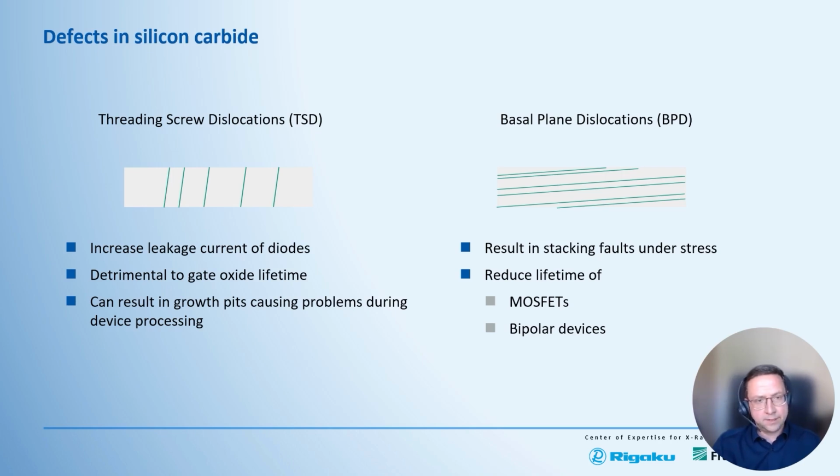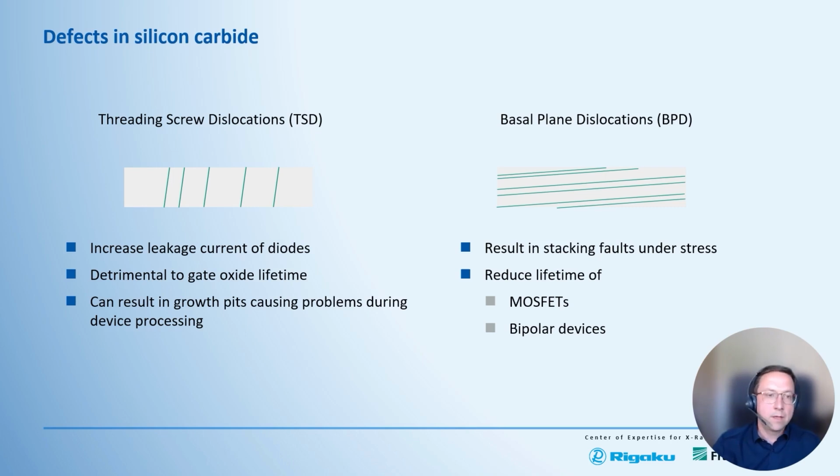Both defects have an influence on the performance and the lifetime of different kinds of devices like diodes, MOSFETs or bipolar devices. These kinds of defects can have a detrimental impact on the gate oxide lifetime, for instance, or can also result in growth pits, causing problems during further device processing.